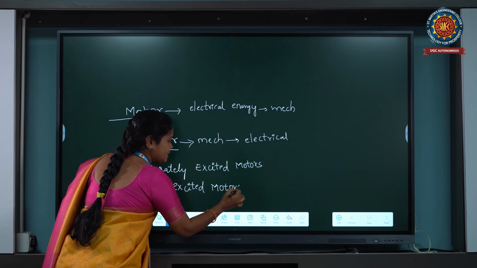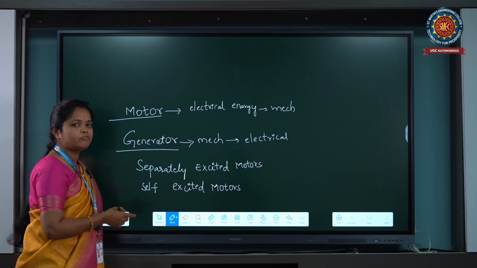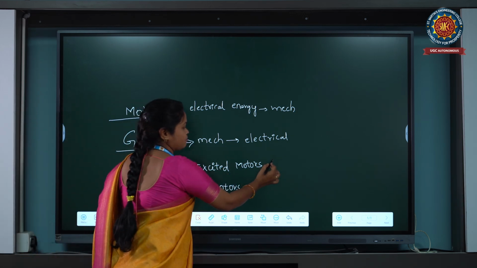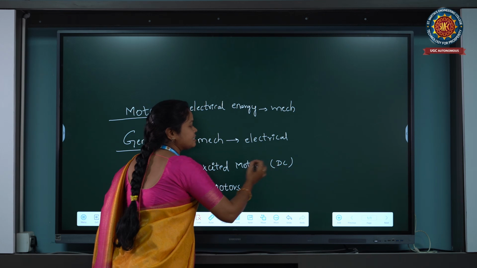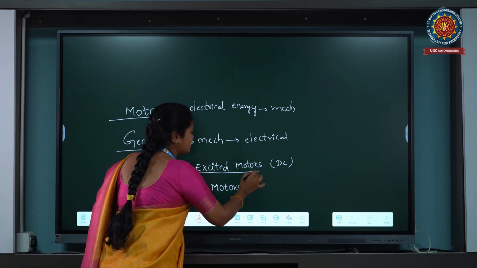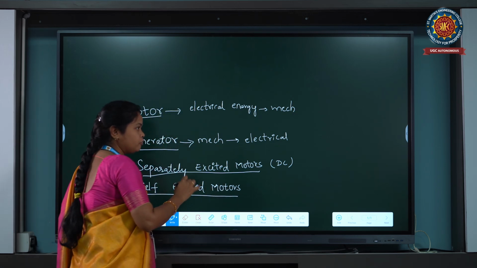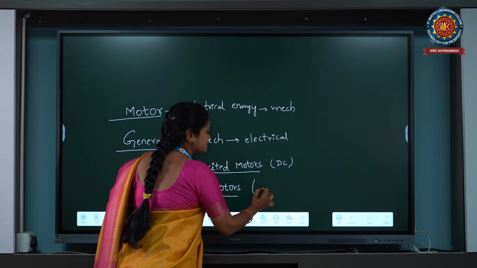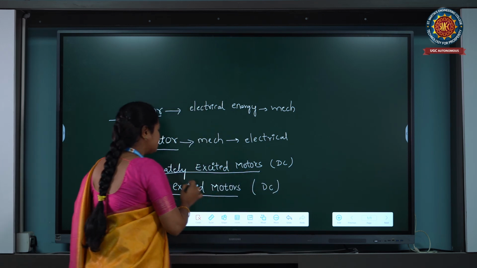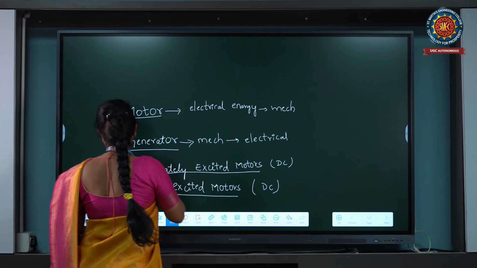In separately excited motors, the field winding is excited from another DC supply. We are using an extra DC supply to excite the field winding, which is called a separately excited machine. In self-excitation, we don't need another extra DC source. That is the purpose. This is called a self-excited machine.